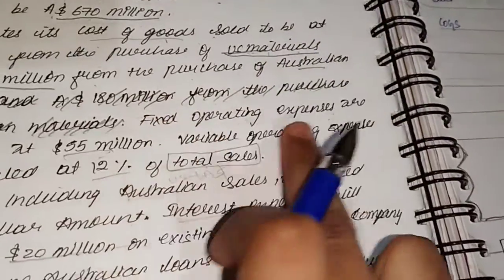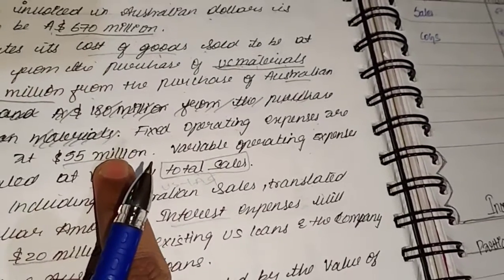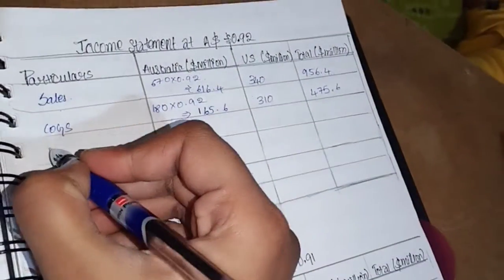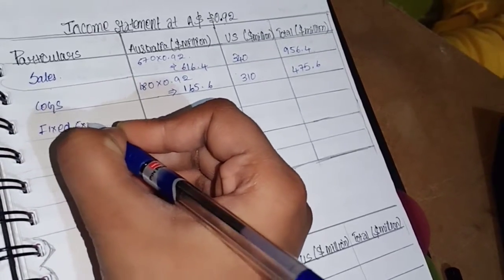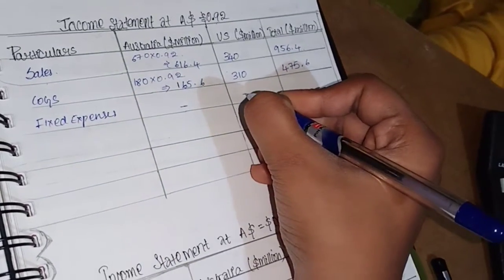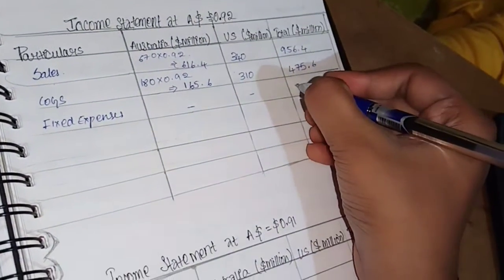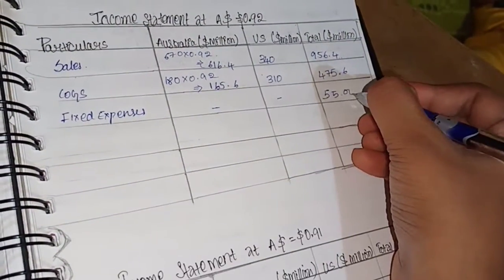Next, fixed operating expenses are calculated at 55 million. We do not do any multiplication because these are fixed expenses, so I write 55.